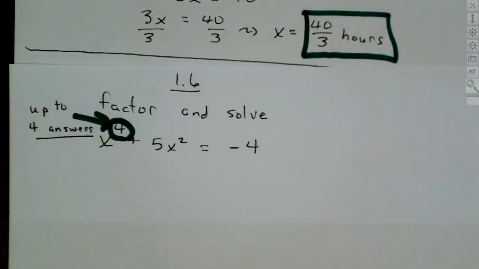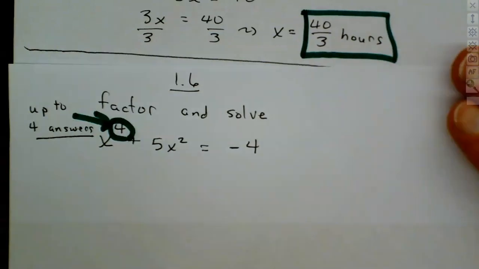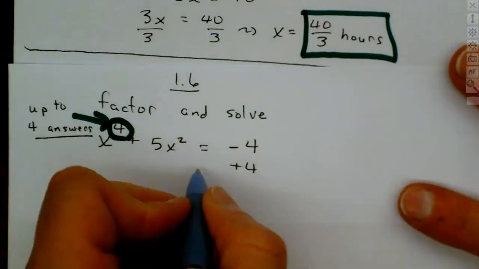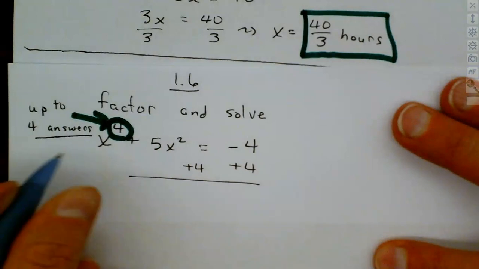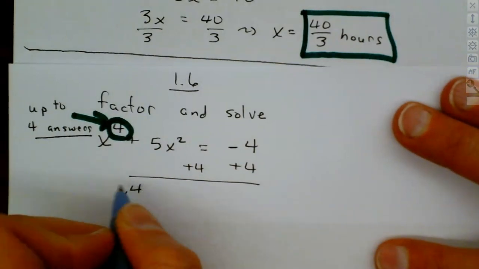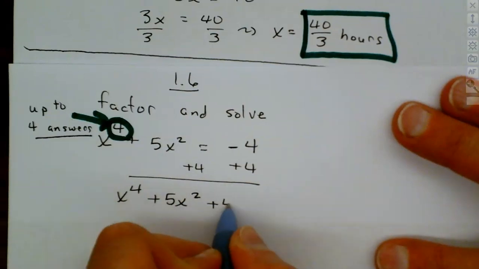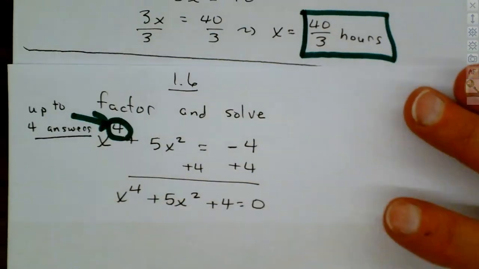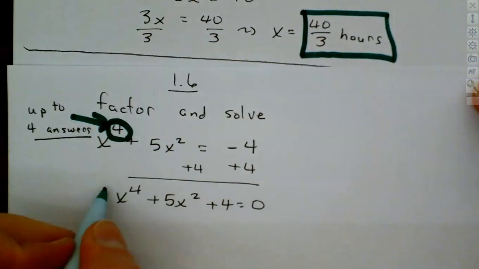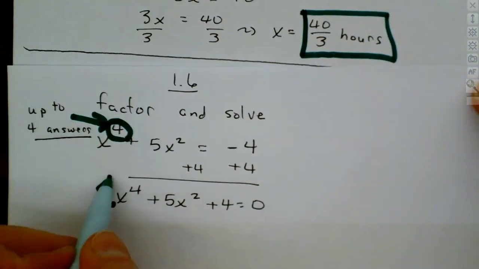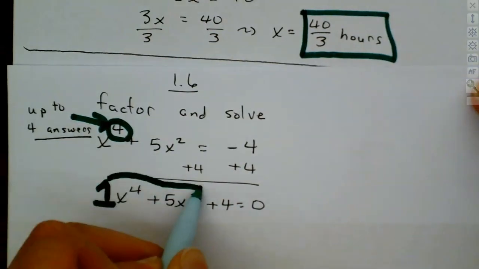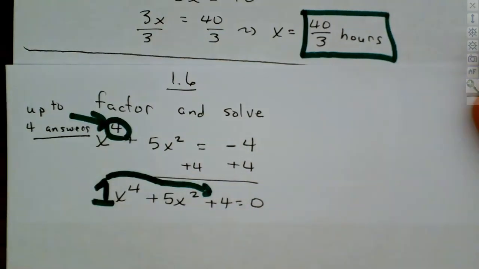So the first thing I would do is set it to 0, and we're going to factor it just like we always would. All right, so we're going to set this equal to 0, and we put our 1 in front. We should have no trouble factoring this one. First times the last is 1 times 4 is 4.